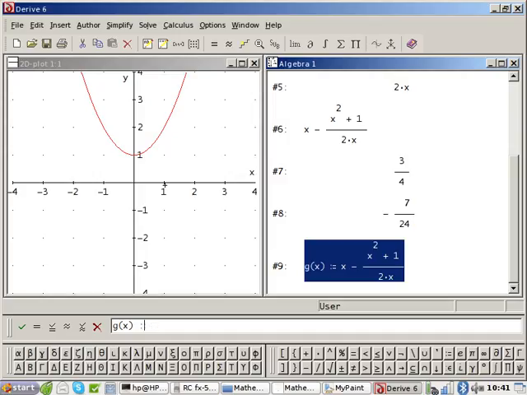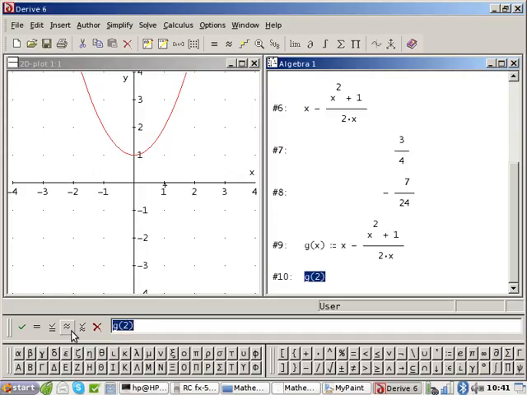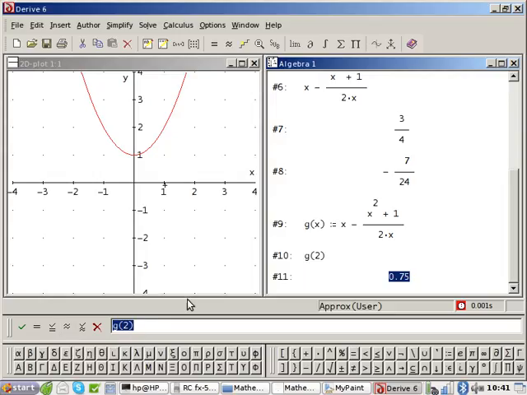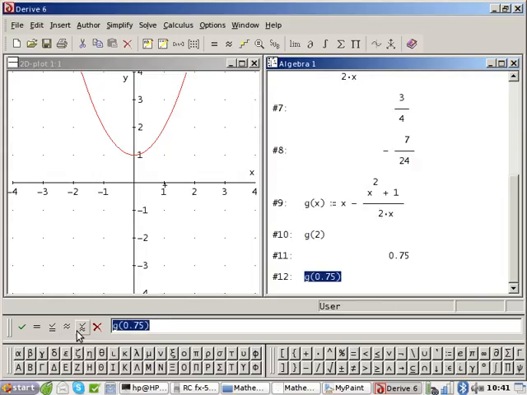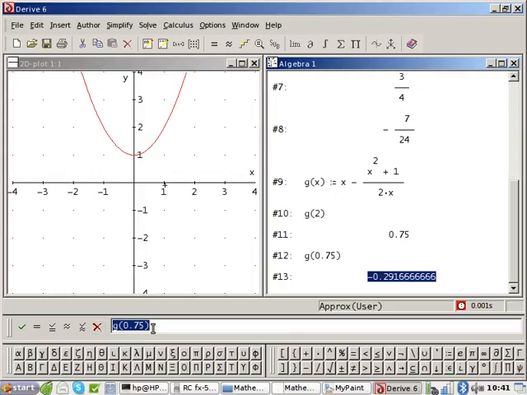Okay, so let's start with, what did I say? 2, wasn't it? I get 0.75. Okay, let's go with 0.75. And I get this. And I can keep doing this. So let's do it many, many times, starting at 2, and see what we get.